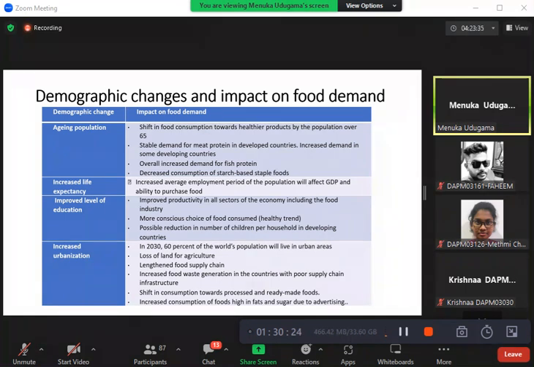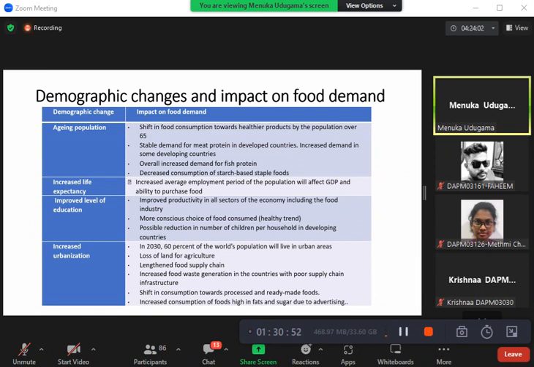So that will be another sort of industry. There will be niche industries created, because of increased life expectancy and improvement in level of education, people will demand different things, healthier products, convenient products, and so on.